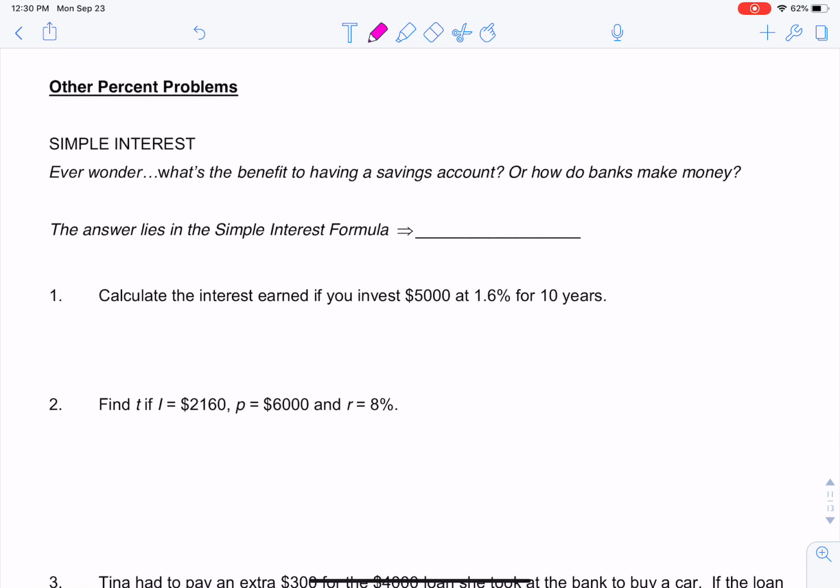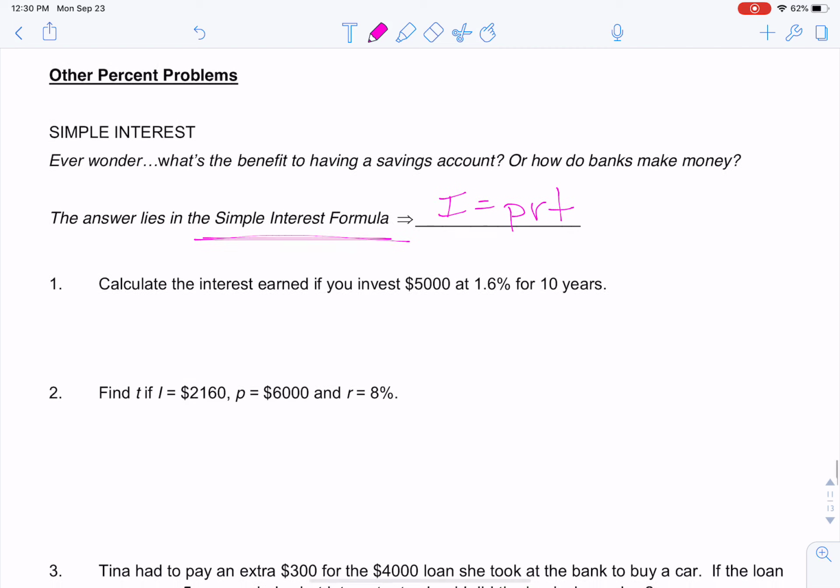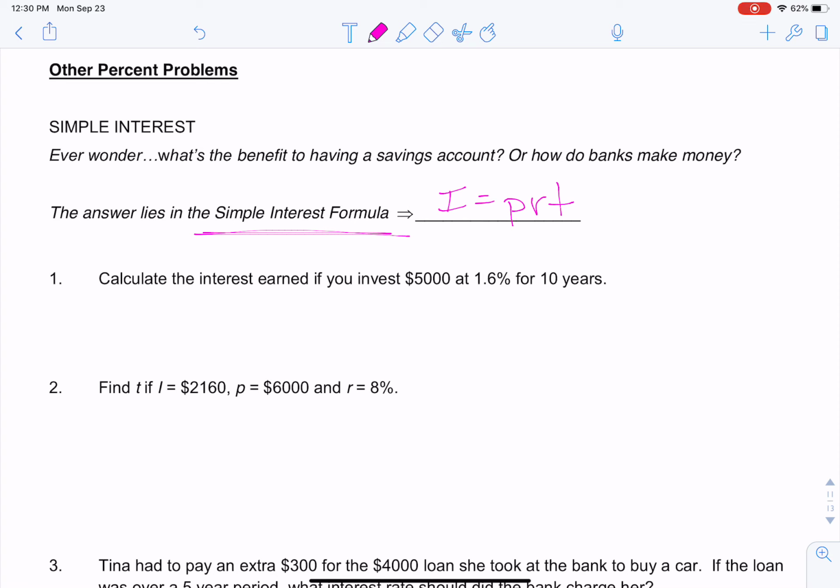There's a totally different formula if I'm solving for interest. This is the simple interest formula. Whenever we're talking about banking, buying a car, or taking out a loan, we're going to be using this interest formula. So stick with me. Instead of percent of the whole is the part, we're going to do interest equals principal times rate times time. Interest is how much you earn or how much you pay.